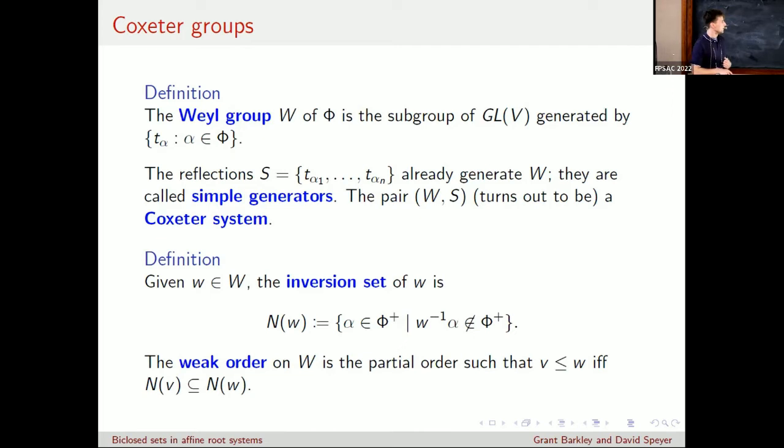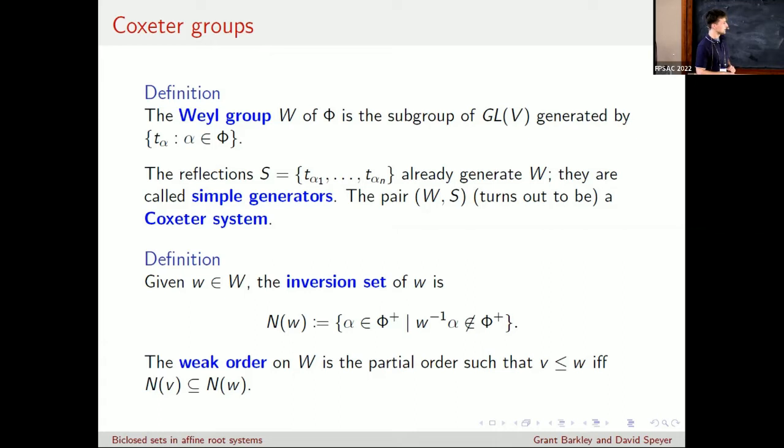Okay, so I mentioned that we had this poset structure on the symmetric group called the weak order. I didn't really give a formal definition, but here's a definition that works for any Coxeter group, or any Weyl group of a root system, to not be circular. Given any element of our Weyl group, we can define an inversion set of that element.